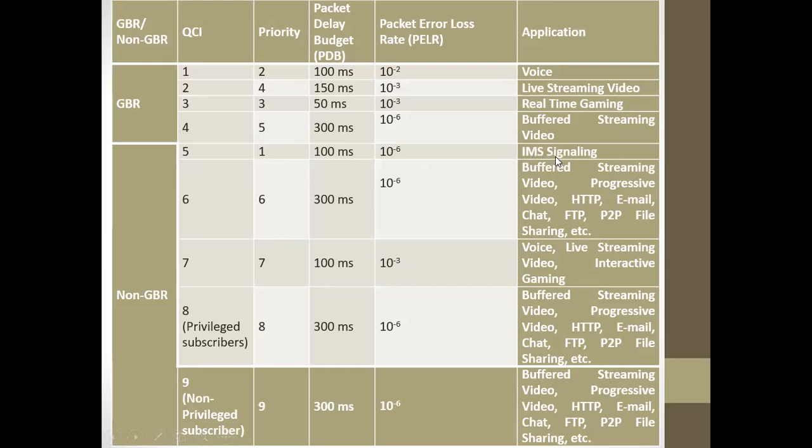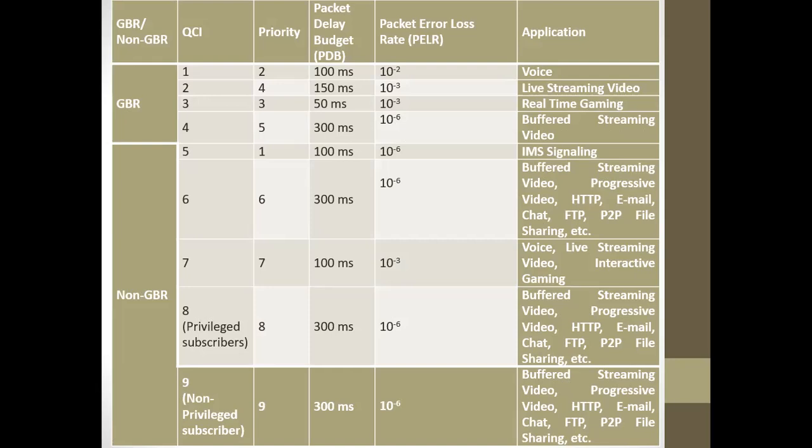Among them, you see IMS signaling. It's something you need when you set up a voice call or when you use VoLTE.